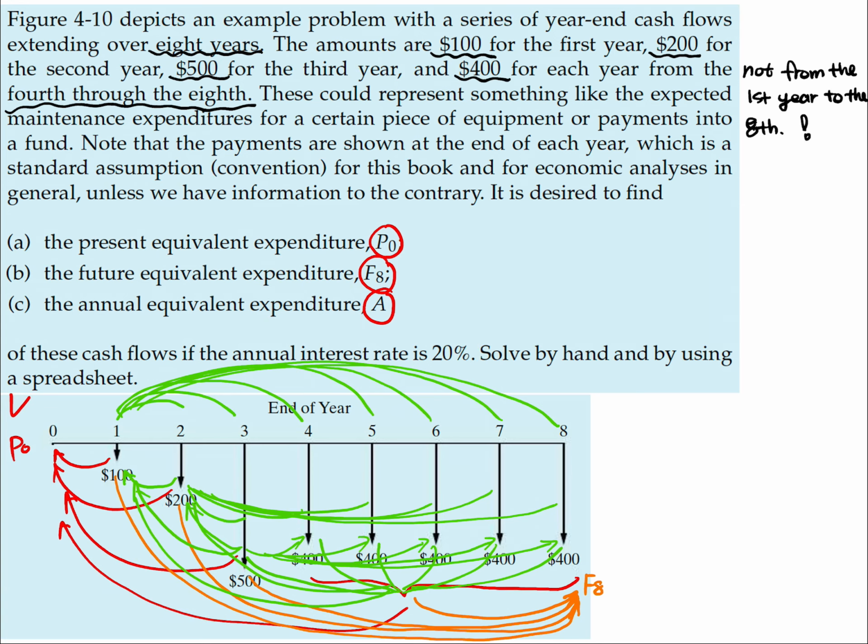Okay, so the first question, question A, what is the present equivalent expenditure of all these cash flows? So find the P0. Question B, the future equivalent expenditure. So F8. 8 means it is the future value at the end of 8th year.